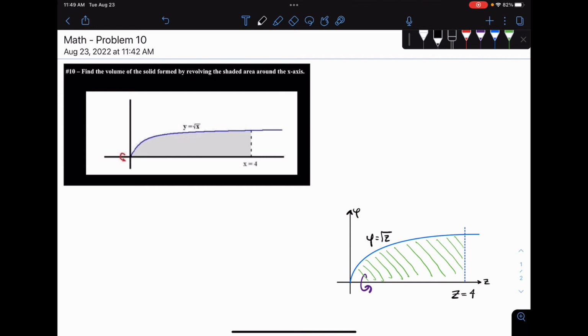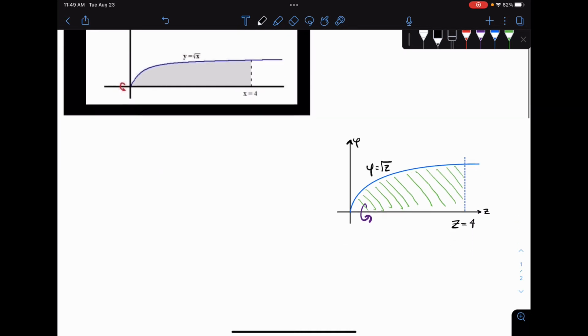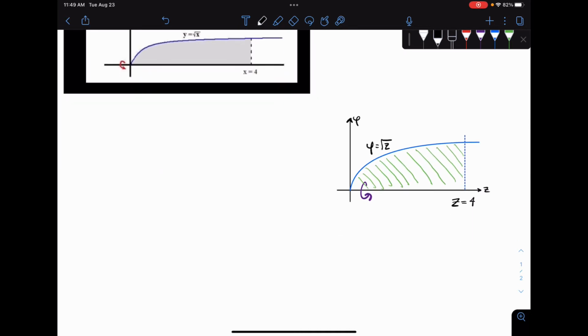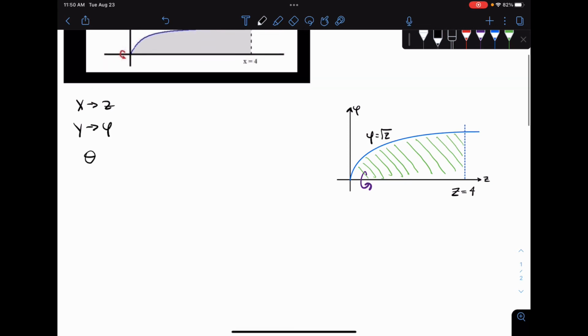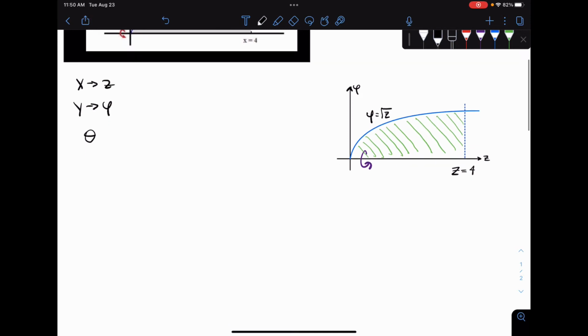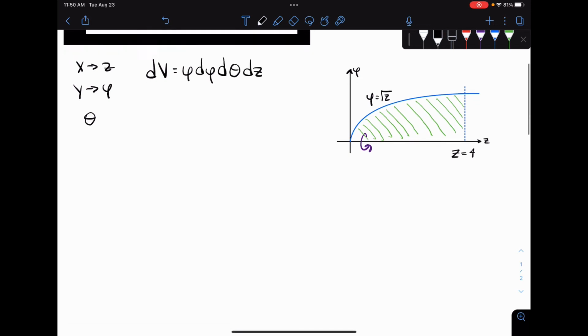Problem 10, we're finding volume under a curve rotated around the x-axis again. As you can see with my hand-drawn graph down here, I've switched our coordinate systems from Cartesian back to cylindrical, and x has become z, y has become rho, and we've added theta as our rotational coordinate, which means we're also going to use the differential dV equals rho d rho d theta dz again.